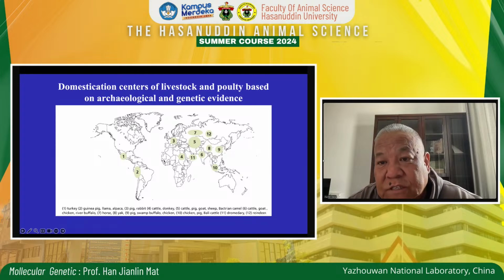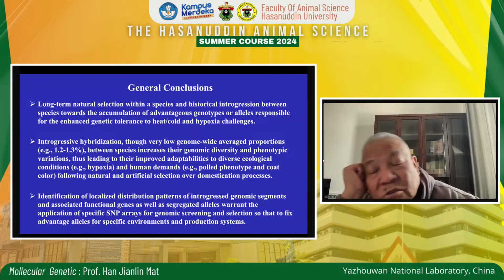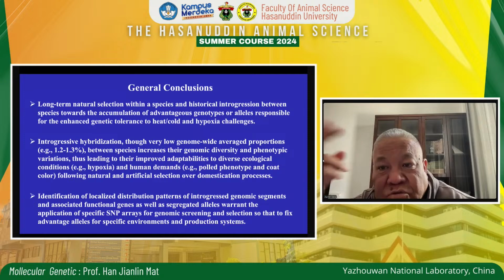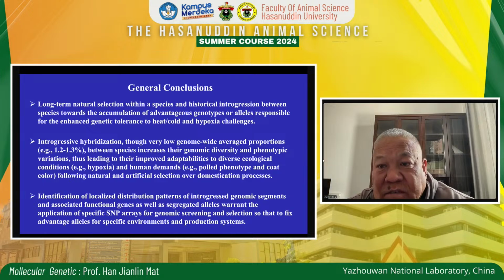agricultural civilization. And at the end, I would say today, if we look at the genetic variation in livestock and poultry breeds, there are two sources. The first is the genetic diversity inherited directly from the wild ancestor over the domestication.